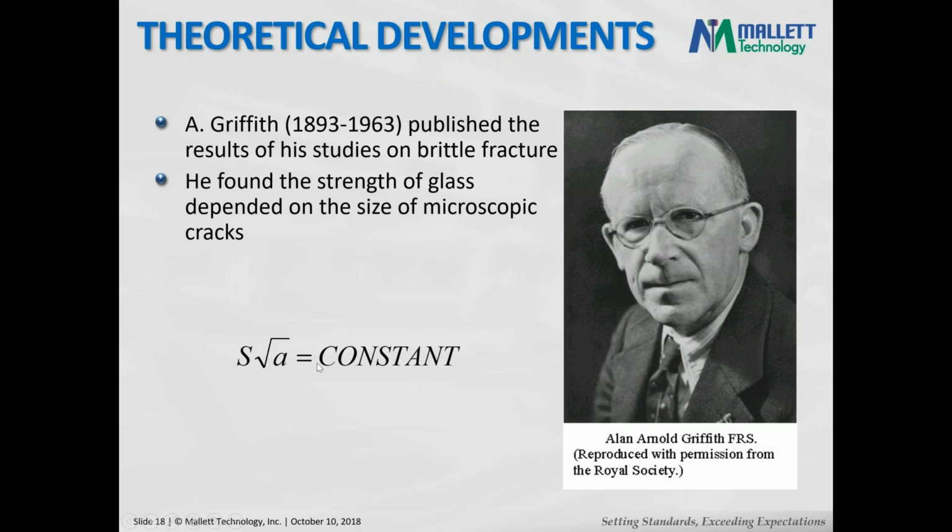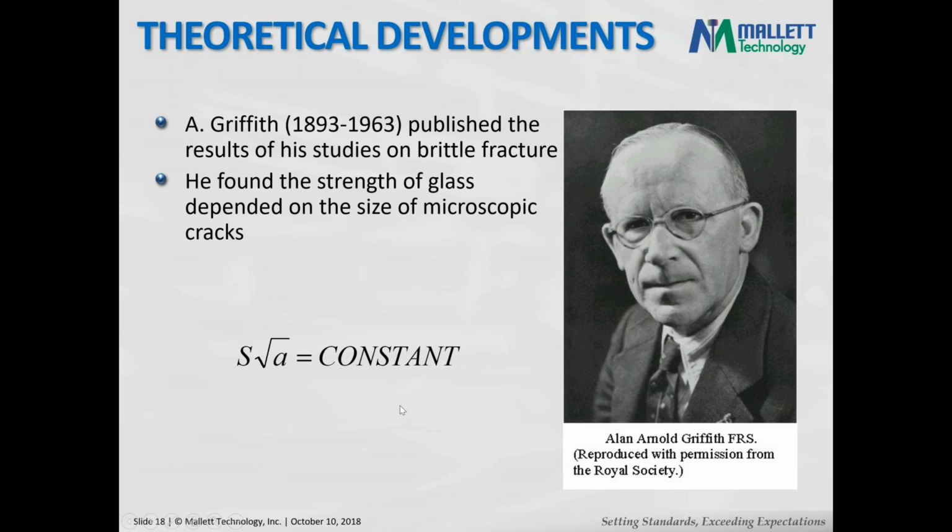He found that the global stress, not the local stress, where S represents the nominal stress in the panel, times the square root of the crack length, the initial crack length, is really a constant. He established this back in the 1920s, and this was a significant finding, because it is really the basis of fracture mechanics.